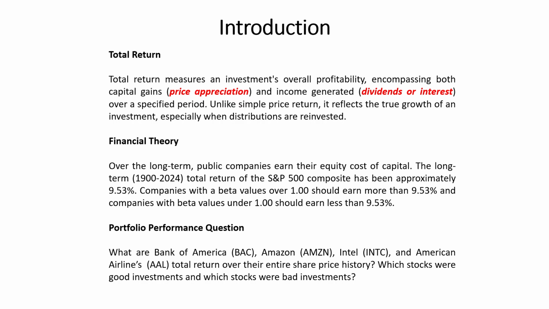And the same thing with if I have a total return that's less than my cost of capital. That's going to basically mean some companies drop out, and as those companies drop out of the market, my total return is going to increase. So in the long term, public companies earn their cost of capital.